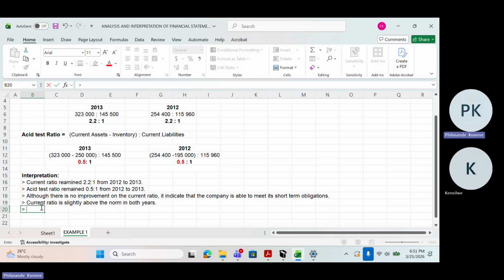Right? So that's something that we need to state here. The company is unable to meet short-term obligations without relying on inventory.